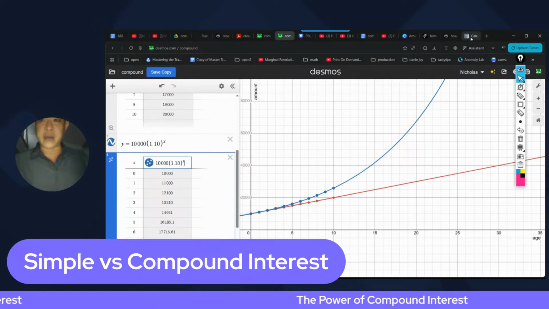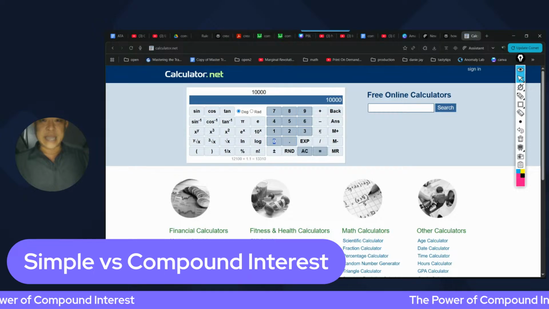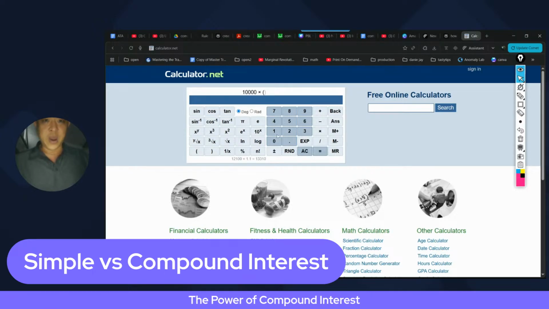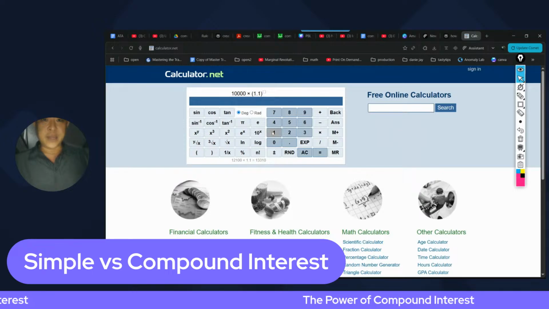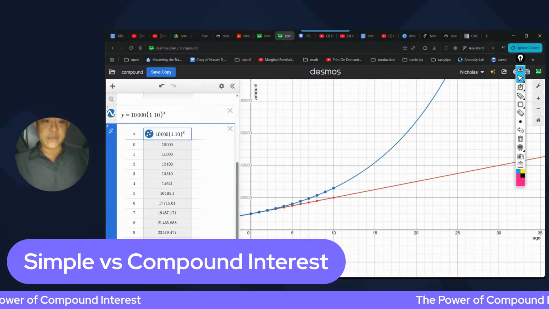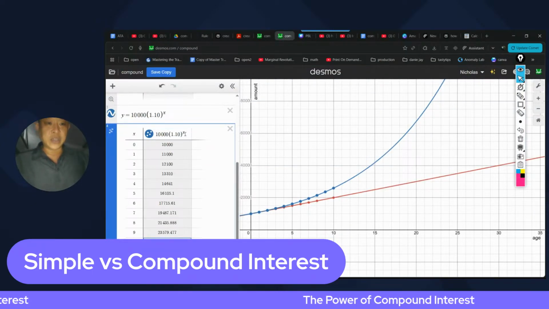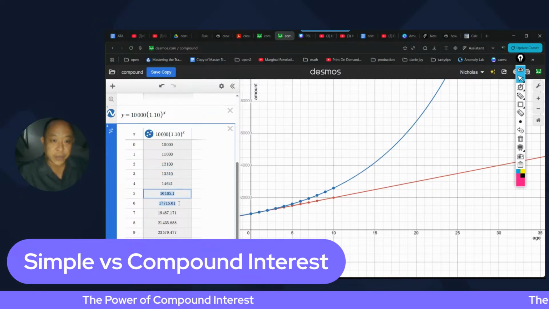So you go 10,000, parentheses, 1.1, and then you just put your exponent to the 10th power is 25,937, which is what you get here, 25,937. So this is just a shortcut, but this shows you how you can calculate it year by year.